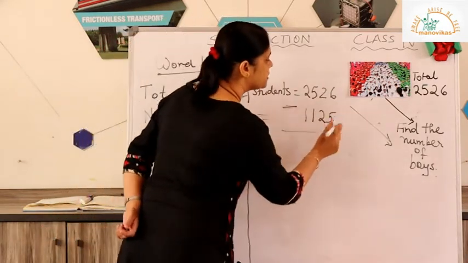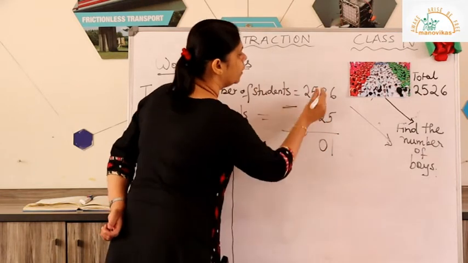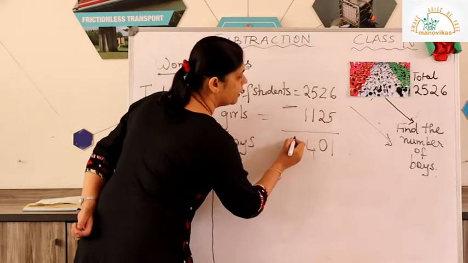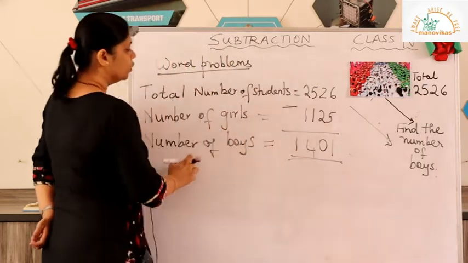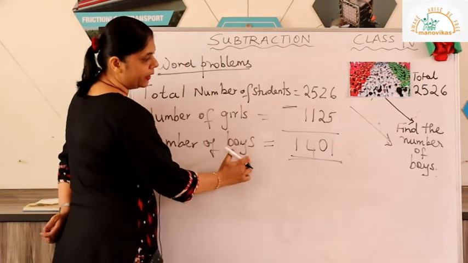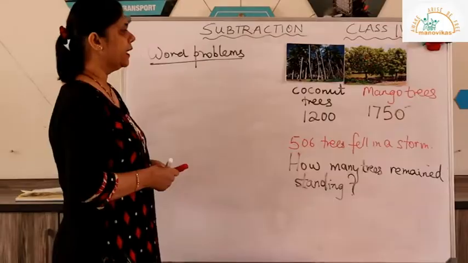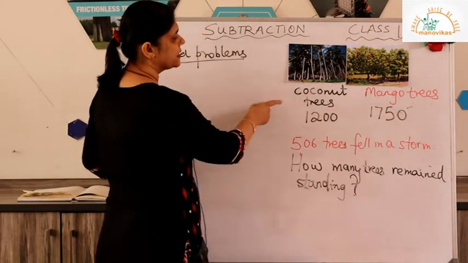Yes. 6 minus 5, 1. 2 minus 2, 0. 5 minus 1, 4. And 2 minus 1, 1. So, the total number of boys who took part in the parade were 1401. Is this correct?